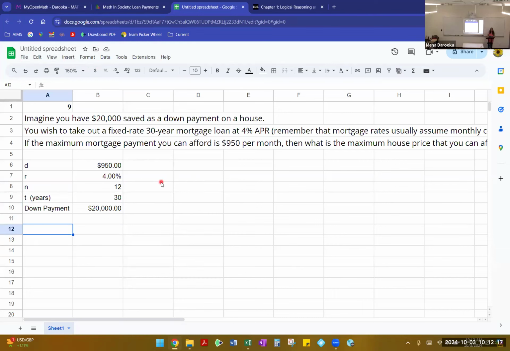I think so. So between PV and PMT, which formula do we use to calculate how much loan we can basically borrow, or how much the maximum price of the house can be that we can afford? PV or PMT? PMT? Anybody else? People on Zoom, do we have an opinion, PV or PMT?